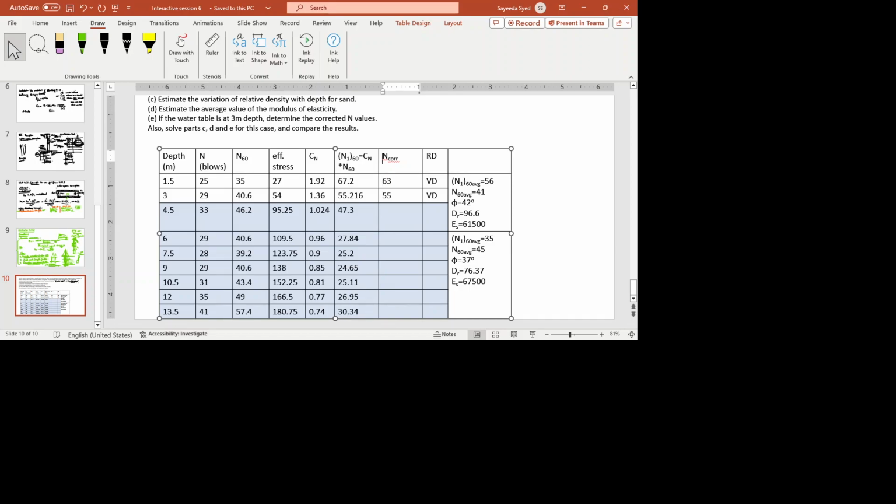Now this will not be the end corrected value. Now we have to include the dilatancy correction, and dilatancy correction will only be included for the layers that are below the water table.